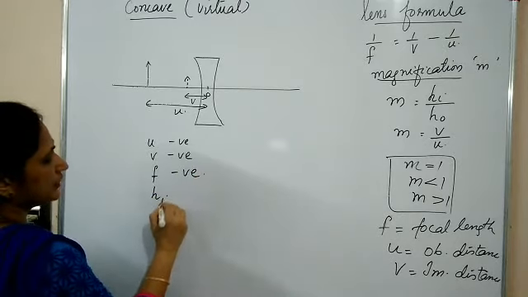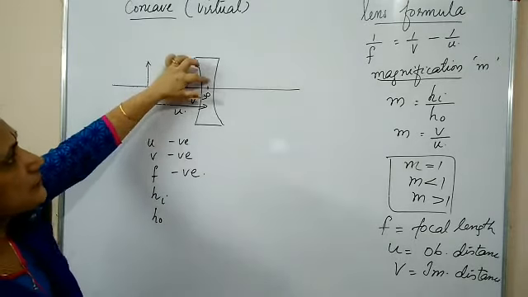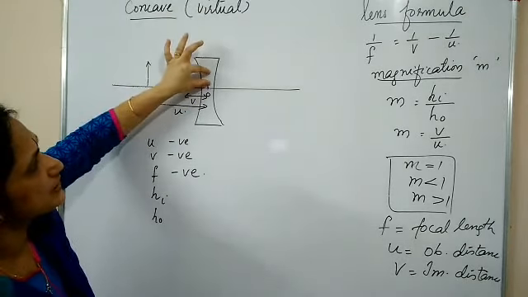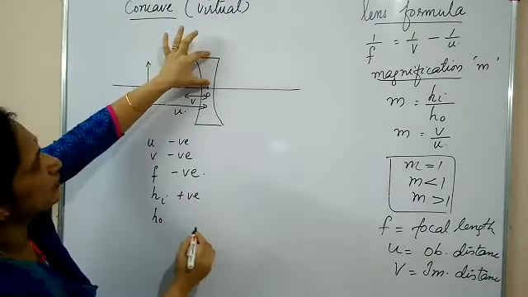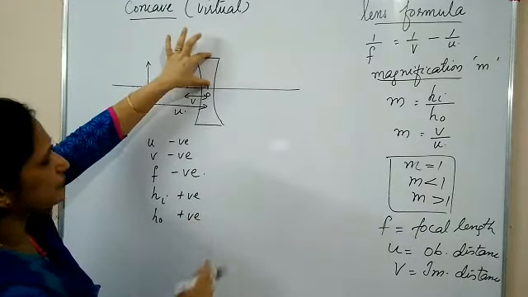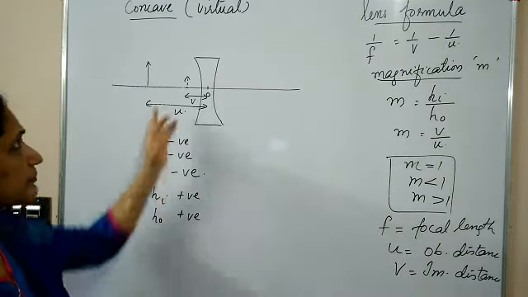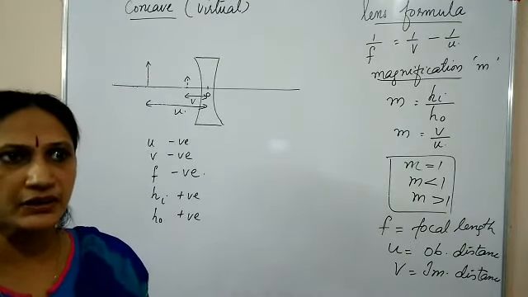Then the height of the image and height of the object. This height of image comes on the positive y-axis. This distance is to be measured from the positive y-axis. And the height of the object also is to be measured from the positive y-axis. This is the way to decide the sign for a concave lens. Actually, you need not memorize it by heart, you remember the diagram.